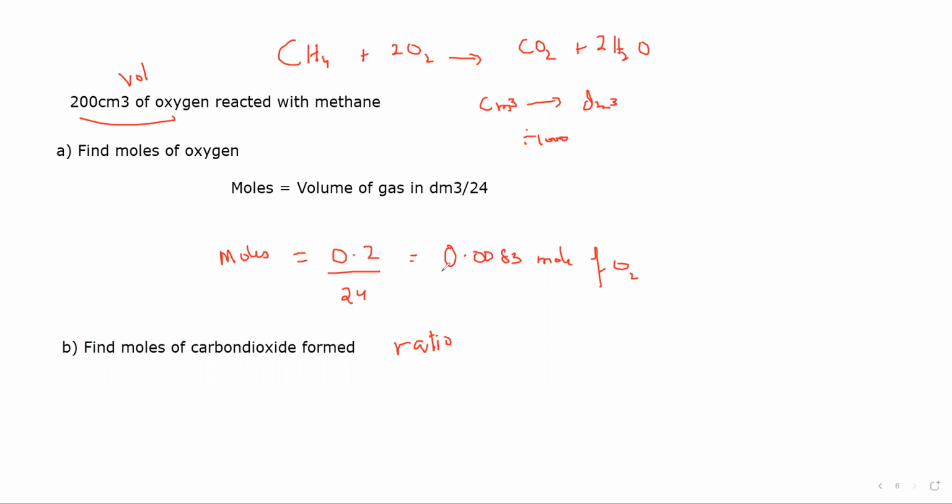Now, which ratio? We know the moles of oxygen. So we will take a ratio between oxygen and carbon dioxide. What is the ratio of oxygen and carbon dioxide? It's 2 is to 1. But in the question, how many moles are there for oxygen? 0.0083. Then X moles of carbon dioxide. Cross multiply.